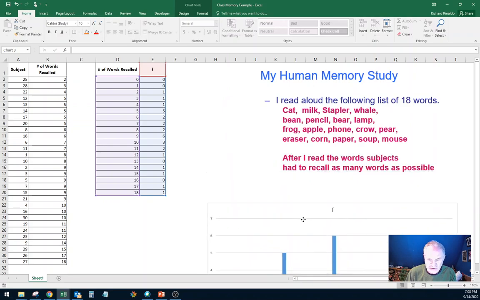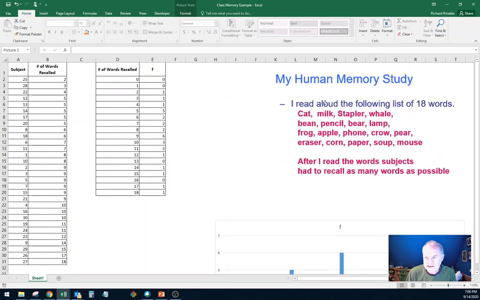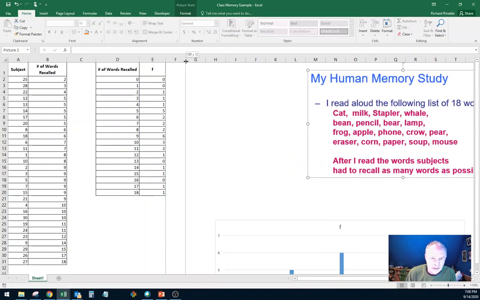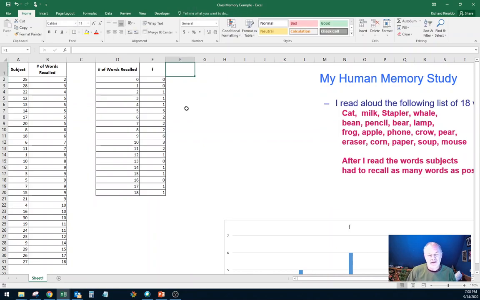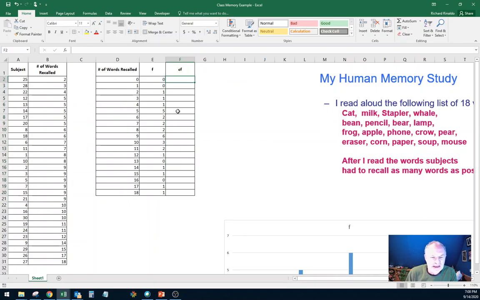Another variable is referred to as the cumulative frequency. We'll call that CF. And that is the number of people who recalled a given number of words or fewer. So the number of people who recalled 0 or fewer words is here.